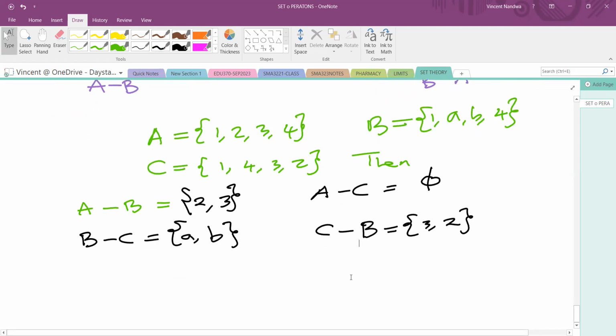And then B minus A, elements which are in B but not in A, will be a and b alone.